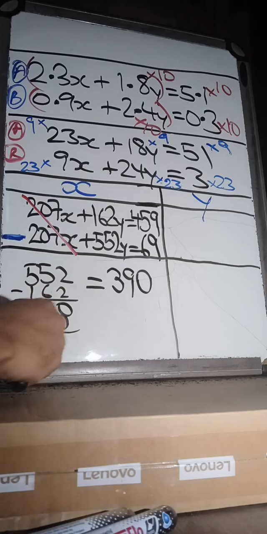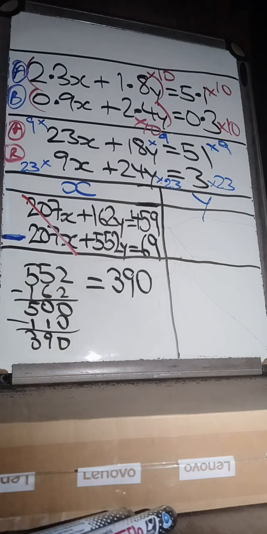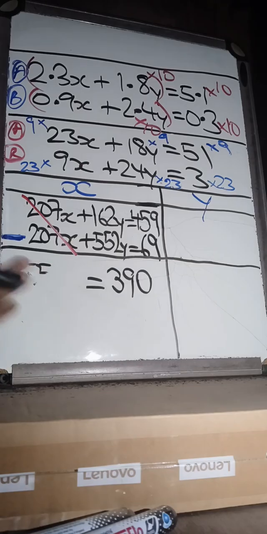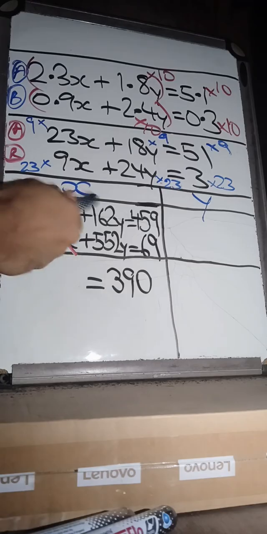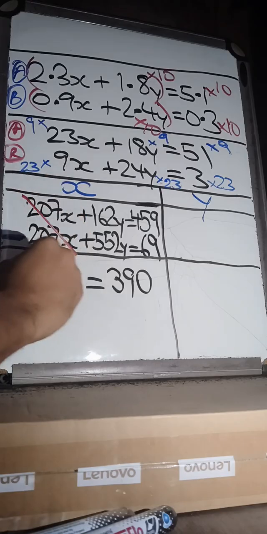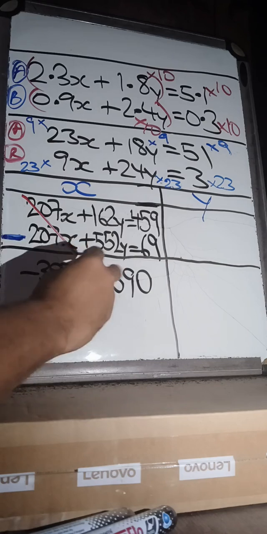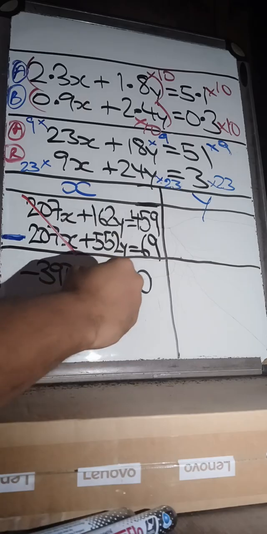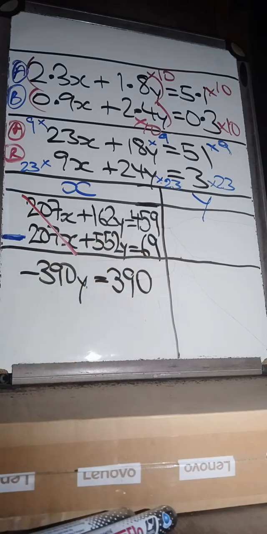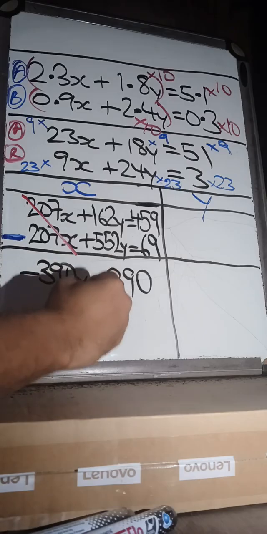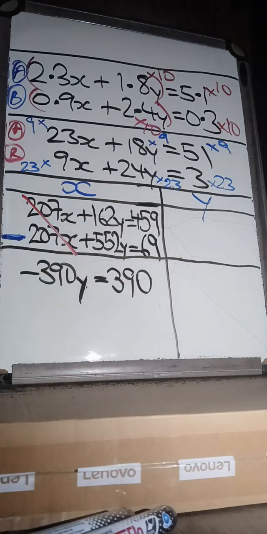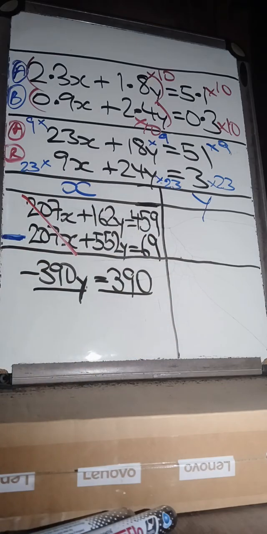Okay, so we have 390 on both sides. Except for this will be a minus 390y. So now we divide both sides by minus 390.